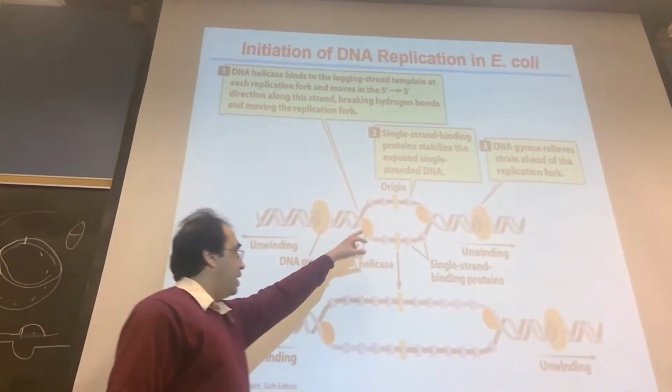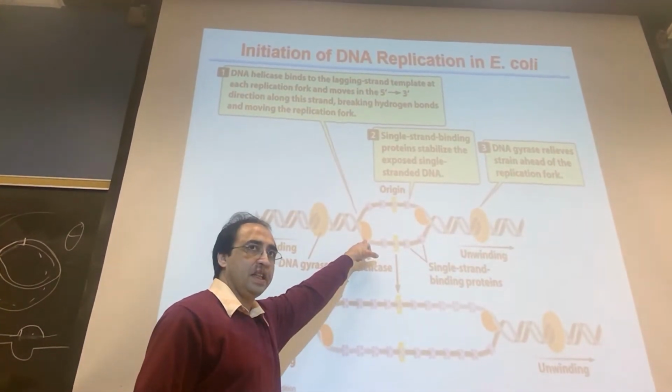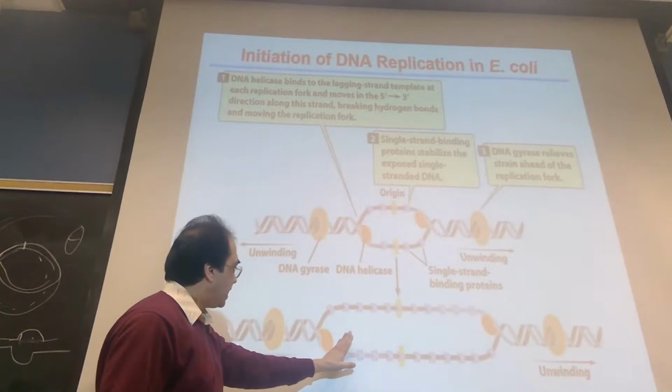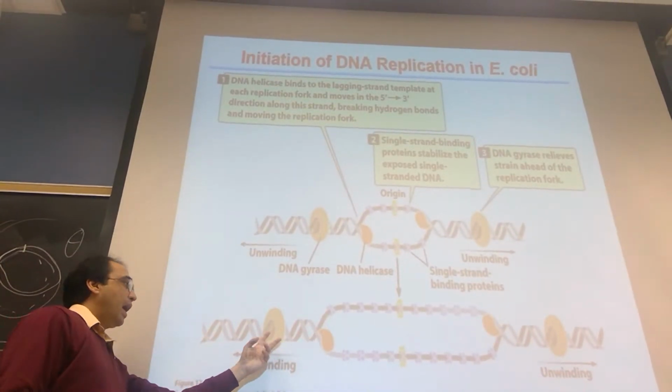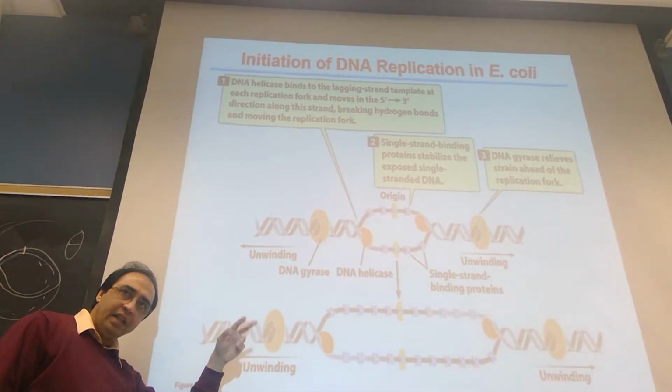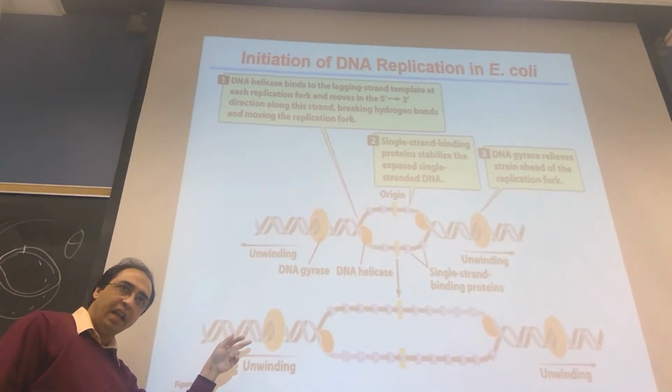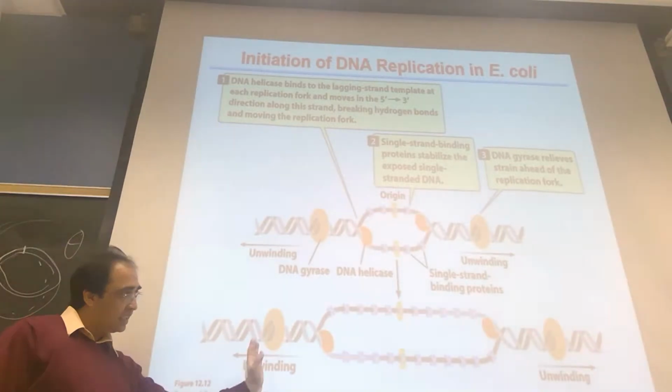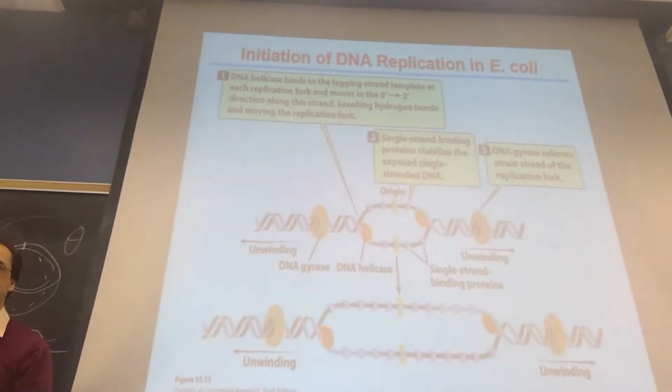So with the origin, this starts, the helicase. Helicase is going on this way, and a little further along, topoisomerase is there. It is just uncoiling that DNA tension there. Okay, this is the function of these three enzymes.